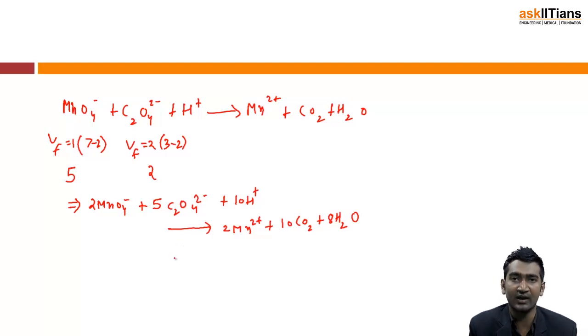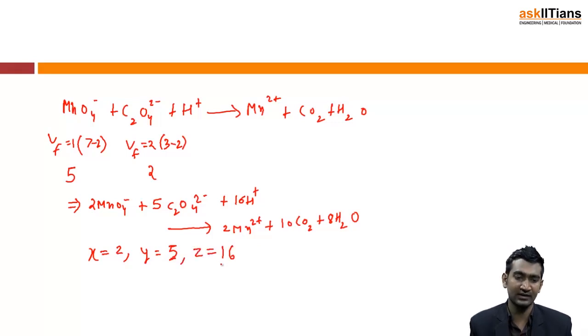So from here you can check that your X value is equal to 2, Y value is equal to 5. If you balance it, the H plus will come out to be 16, okay, not 10, yes, it will come out to be 16, and the Z value will be equal to 16.